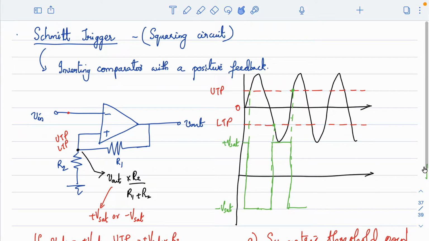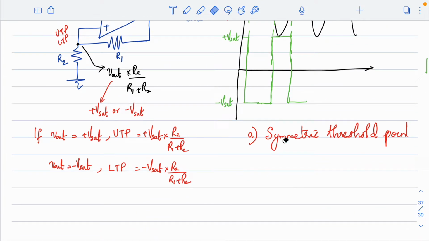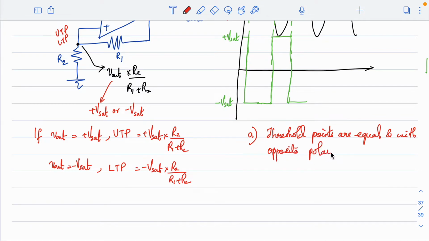So let me write it like this instead of writing it as symmetric: threshold points are equal and opposite, equal and with opposite polarity. This is one case.